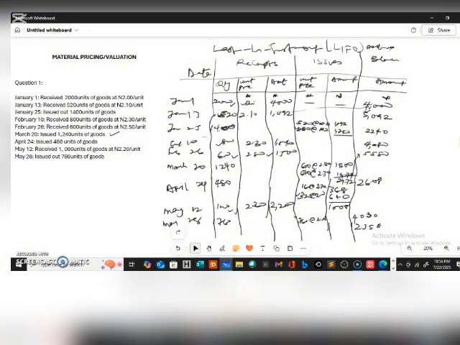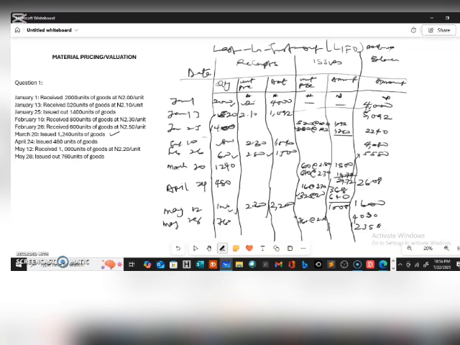So 2608 minus 1008, we're going to have 1600 left. That's 1600. So we now have another item here, 1000 units at 2 naira 20 kobo.